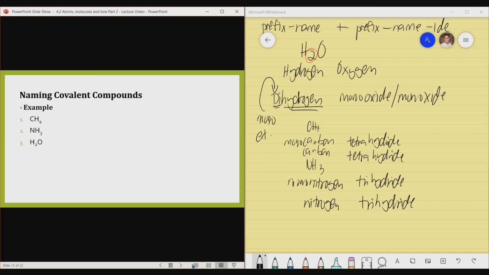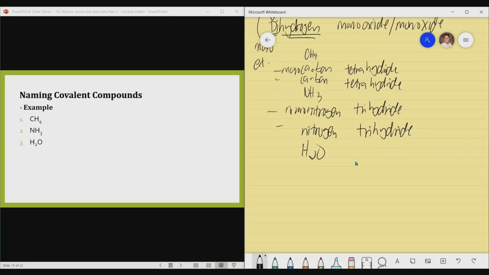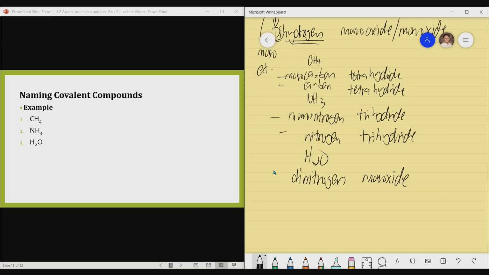I already gave the answer for it, but nonetheless. So for this one, I can write dinitrogen monoxide. Dinitrogen monoxide. Okay? So I hope you got a thing or two from this particular topic.